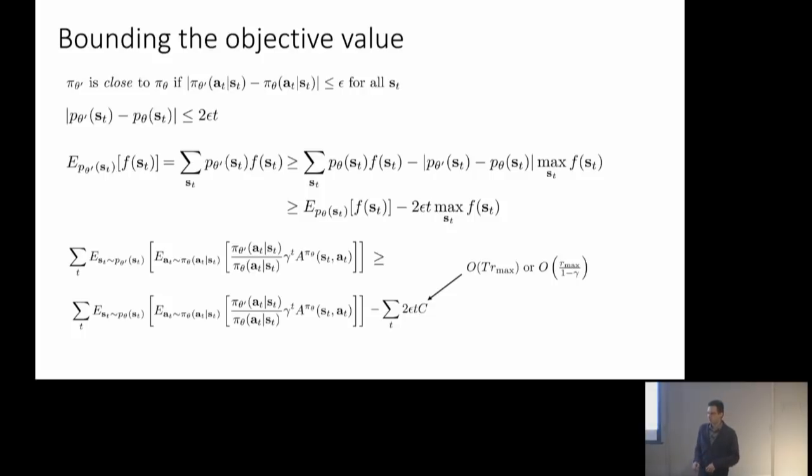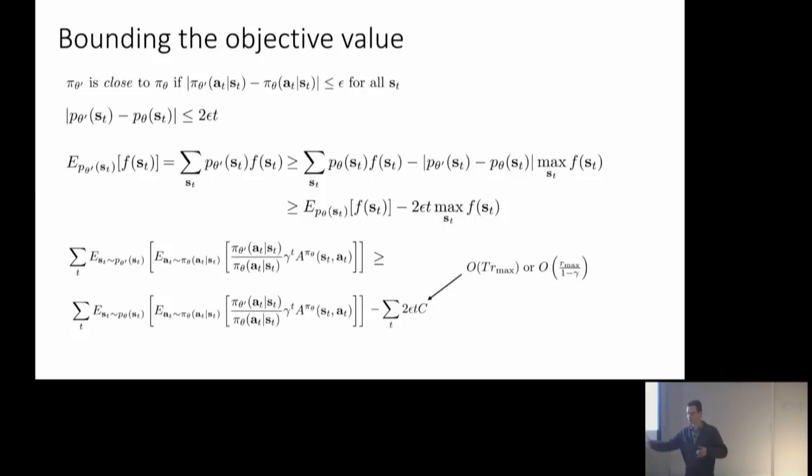So now let's try to understand this a little bit more. This second term, this is basically how much suboptimality you incur. It's not a nice term. It has some pretty big numbers in there. So it's all multiplied by epsilon in the front, so if you make epsilon small enough, you're in good shape. But you have a t here and you have a t here because your advantages are on the order of t. So the order of this term is quadratic in your horizon. So it's either quadratic in capital T if you have a finite horizon, or it's quadratic in 1 over 1 minus gamma if you have a discount, which is kind of nasty.